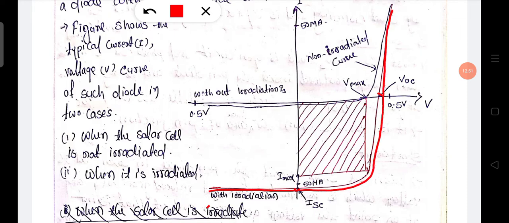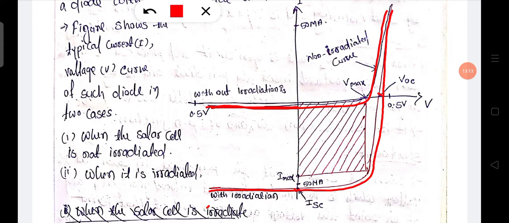And when there is no irradiation, that means the solar cell is not exposed to sun, the PN junction behaves like a general PN diode, not a photo PN diode. So at that time the behavior is like this.